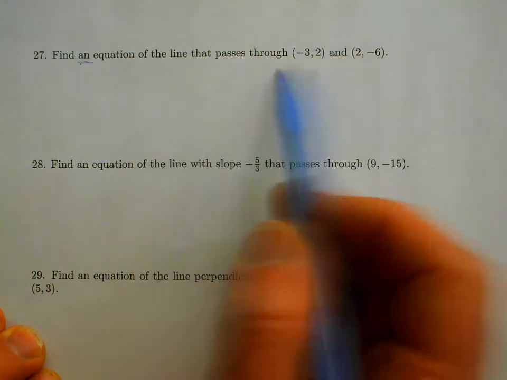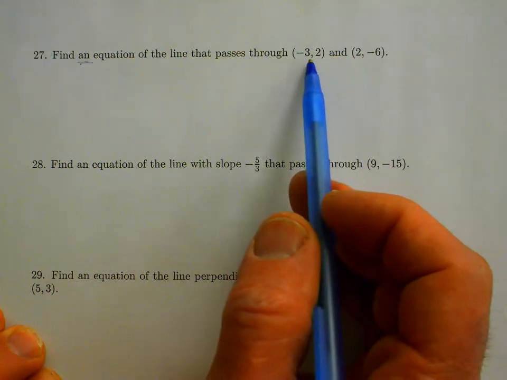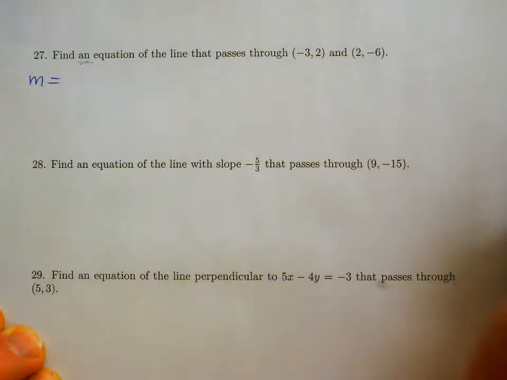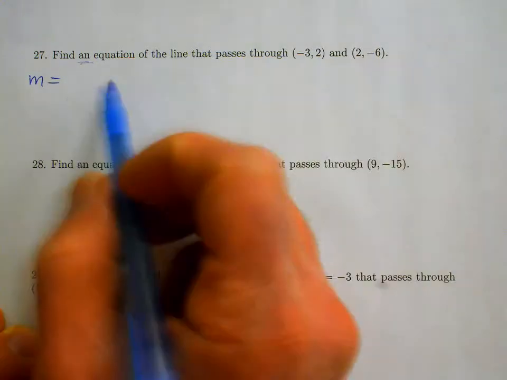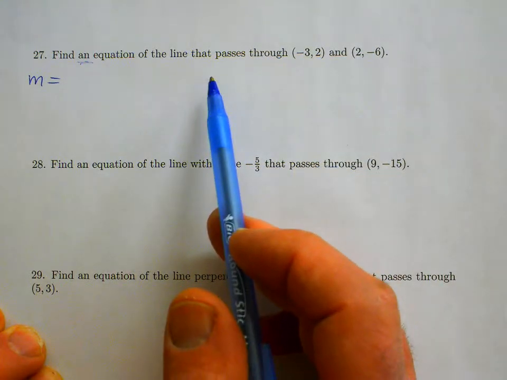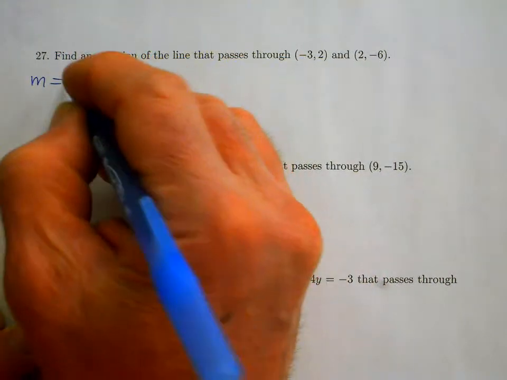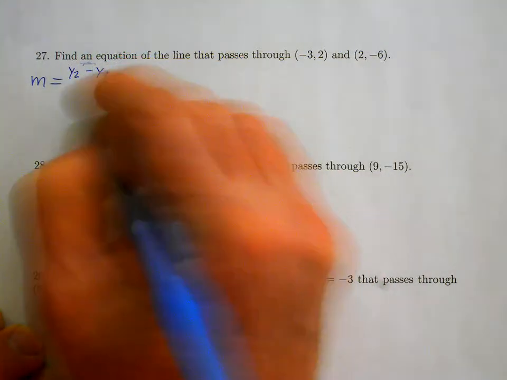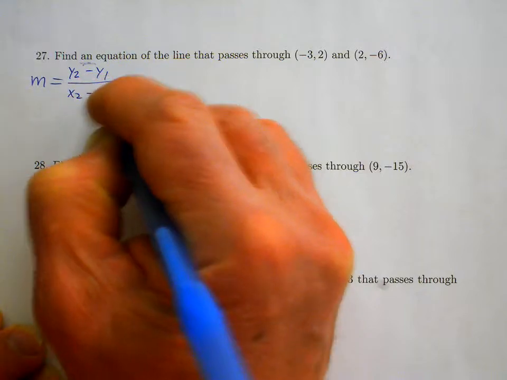But we do need to know the slope, and since we have two different points on the line, we can use the slope formula. If our line is in the xy plane, and that's what we're going to assume, the slope formula is m equals y2 minus y1 divided by x2 minus x1.